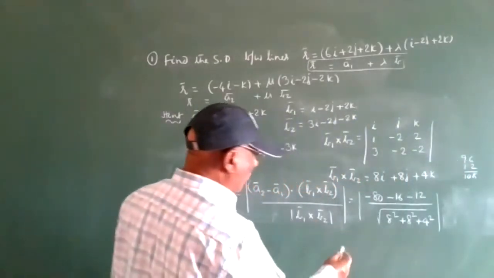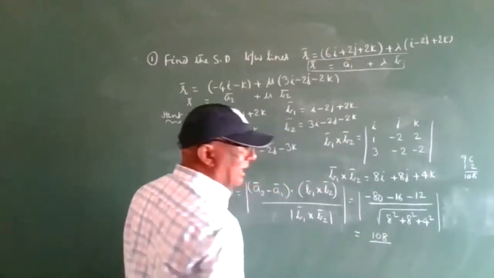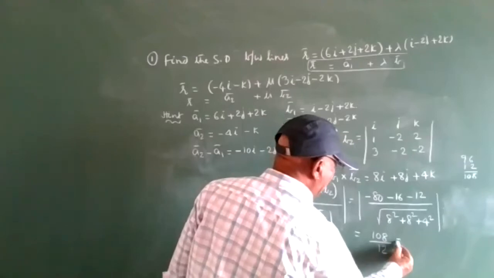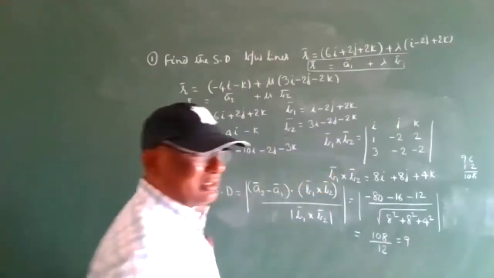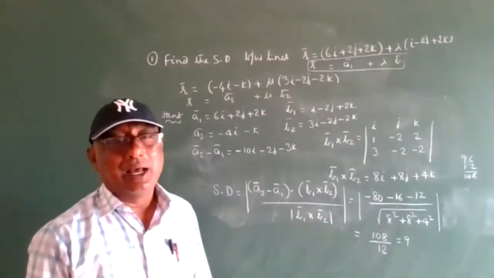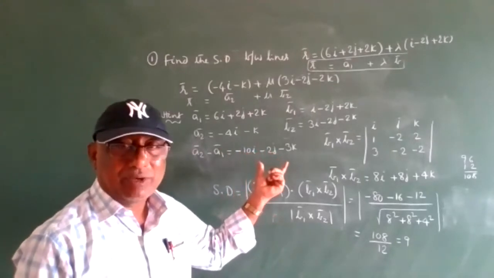Everyone see 108 by 12 is the value by cancellation, 9 times is the cancellation, therefore 9 units is the answer. Is it clear? So this is when the vector form of the line equation is given.